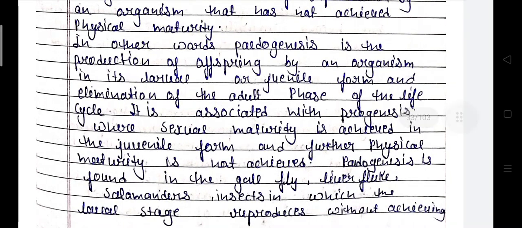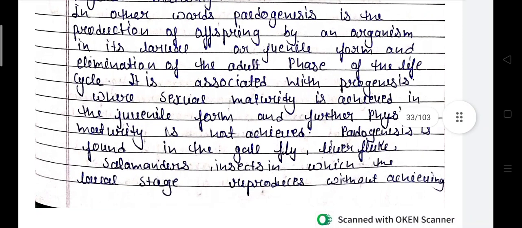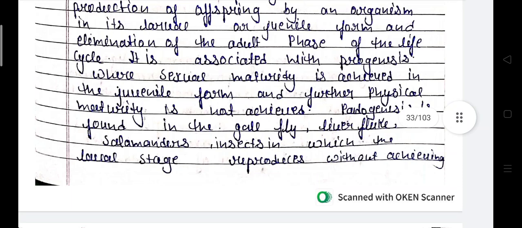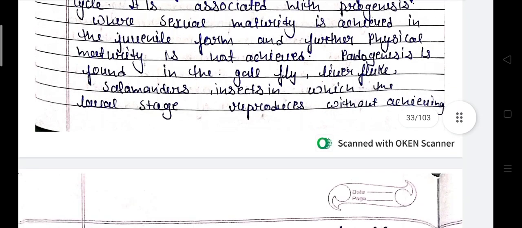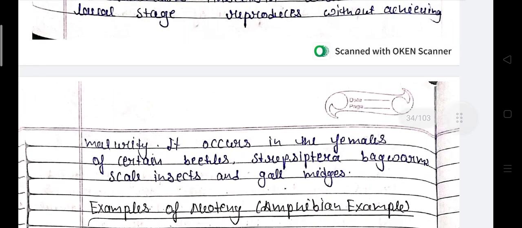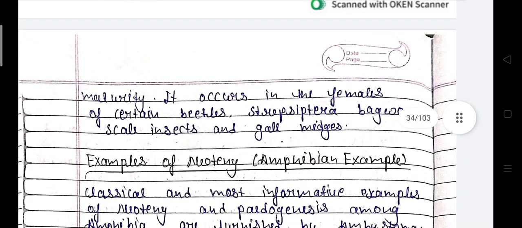It is associated with neoteny, where sexual maturity is achieved in the juvenile phase and further physical maturity is not achieved. Pedogenesis is found in the gall fly, liver fluke, and salamander, and in insects in which the larval stage reproduces without achieving maturity. It occurs in the females of certain beetles, Strepsiptera, bark and scale insects, and gall midges.